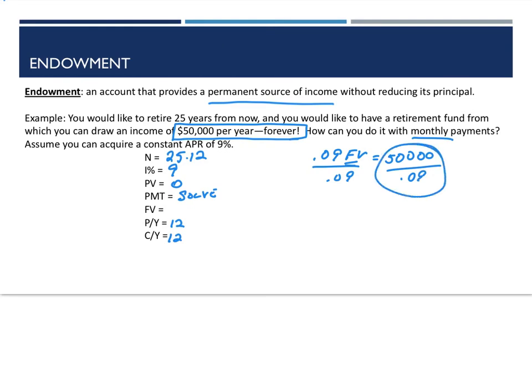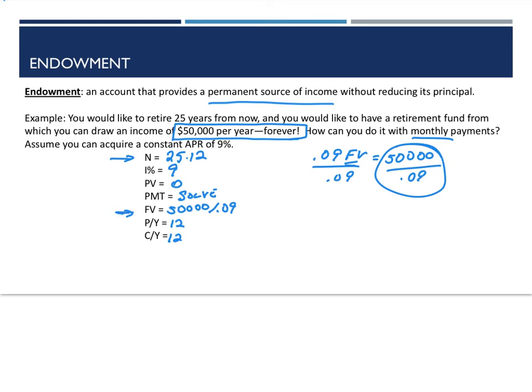Now again, I don't have to figure out how much that is, because if I type that in, just like the calculator will compute my n for me, the calculator will compute my future value for me. So my future value is going to be how much I want to draw every year divided by my interest rate.